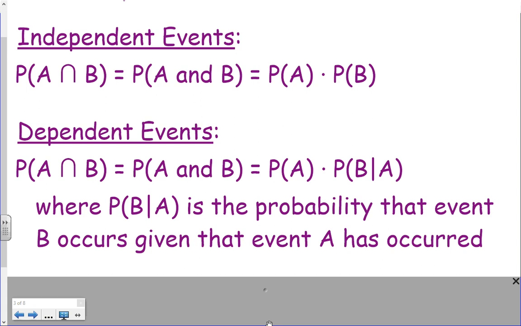Again, these are dependent events, so the fact that event A has already occurred does affect the chances of event B occurring. So the probability of event B given that event A, that's how we read that vertical bar, and then the A that follows. The probability of B given that A has already occurred.